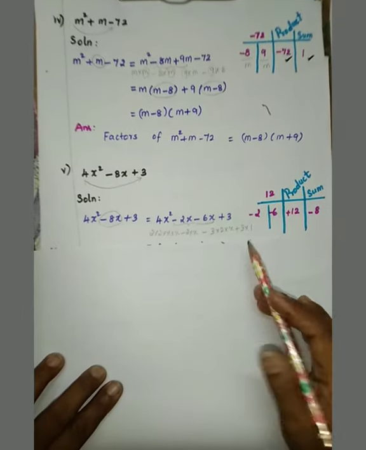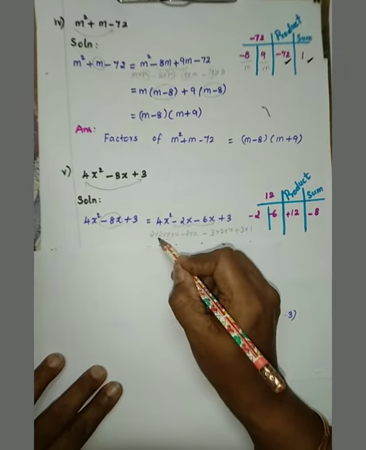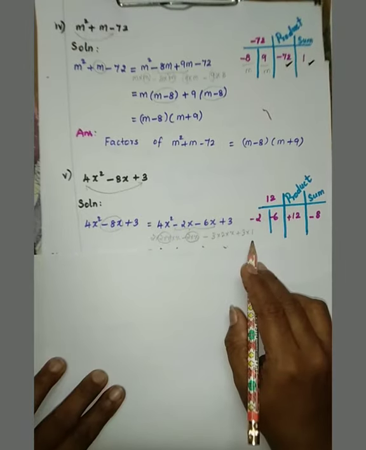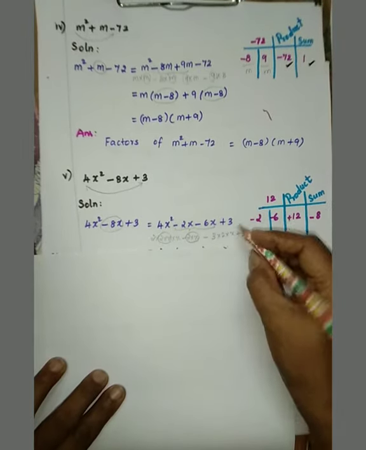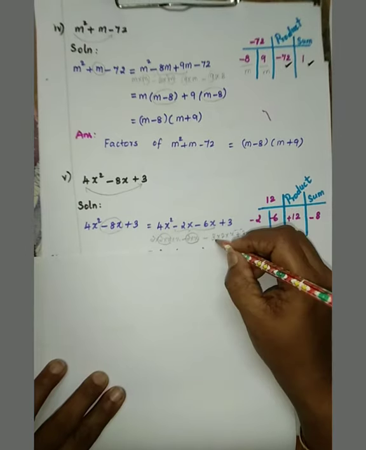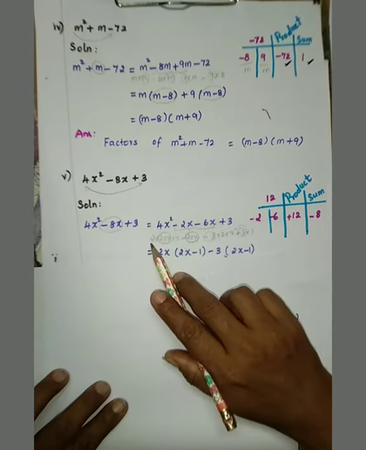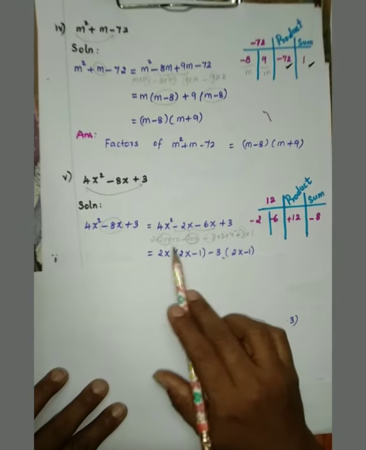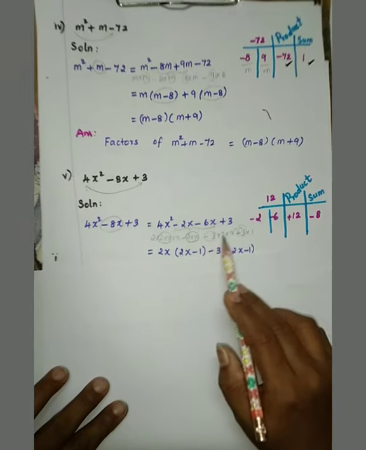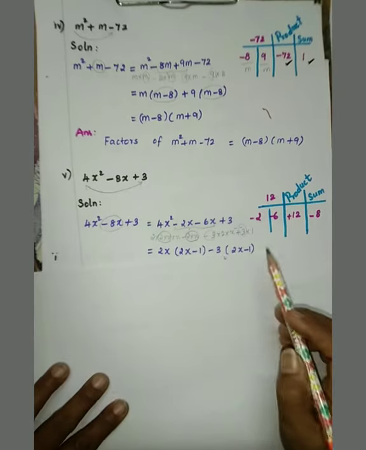Now we are going to take the common number. From the first two terms, 2x is common. From the last two terms, we have a double minus, so we take minus 3 as a common number. Taking 2x outside, the remaining term is 2x minus 1. Then minus 3 taken outside, the remaining term is 2x minus 1.